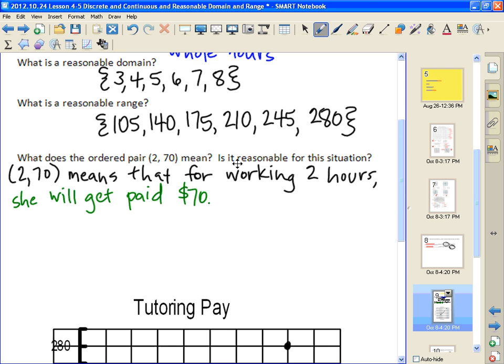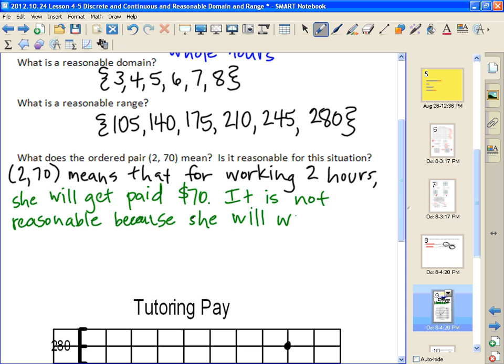So to answer this one where it says, is it reasonable, we would say, it is not reasonable because she will work at least 3 hours.